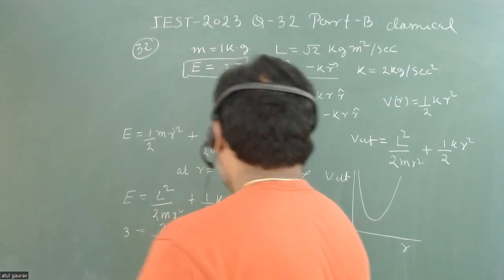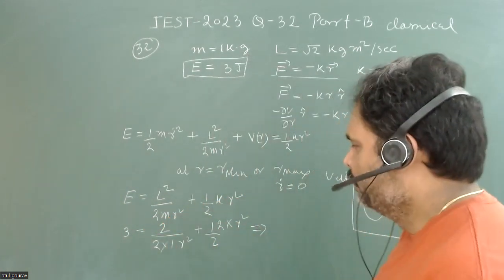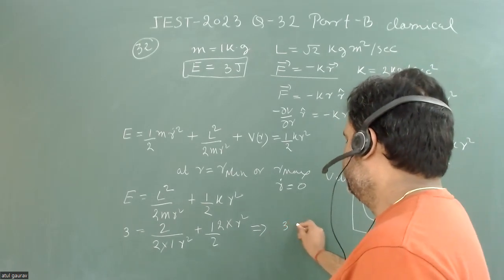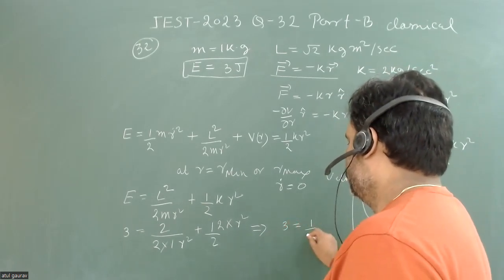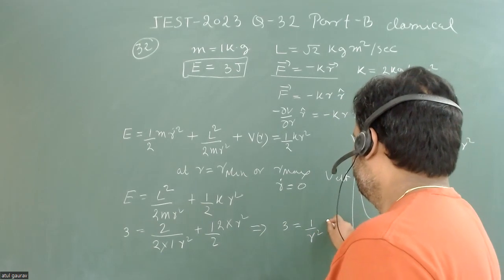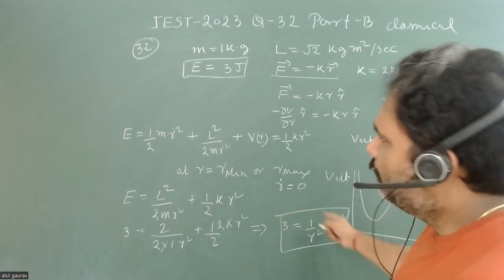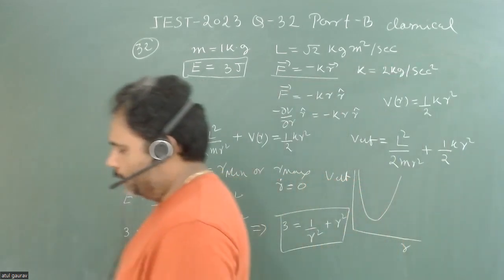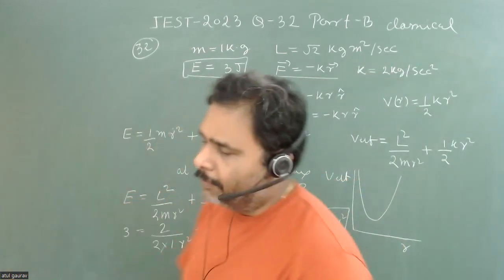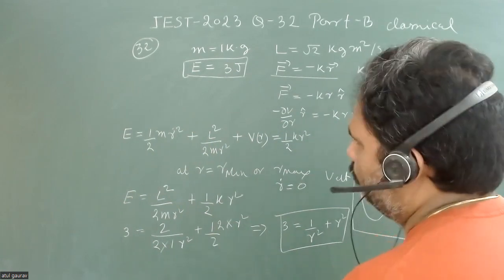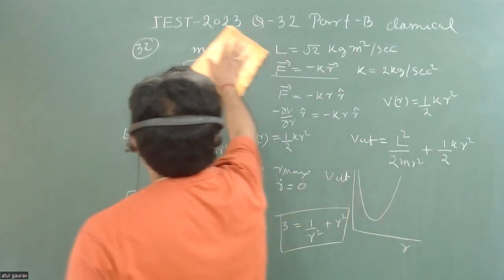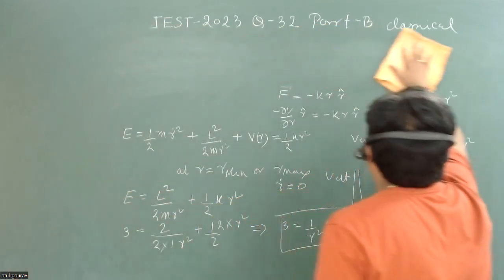So we have one particular equation, and this equation is 3 equal to 1 upon r square plus r square. If we solve this particular equation, and we can easily solve it, we have an equation in the form of r to the power 4. So I am just using this space to solve this.